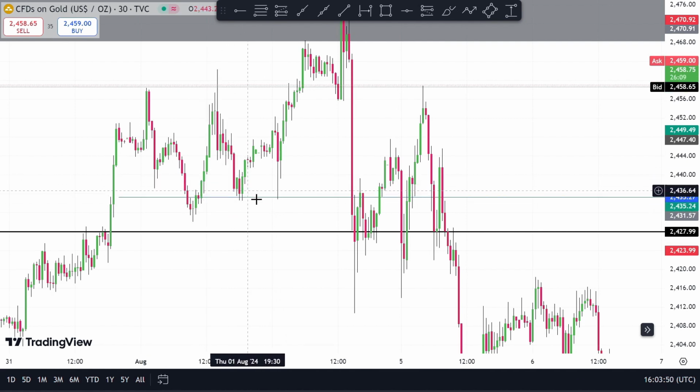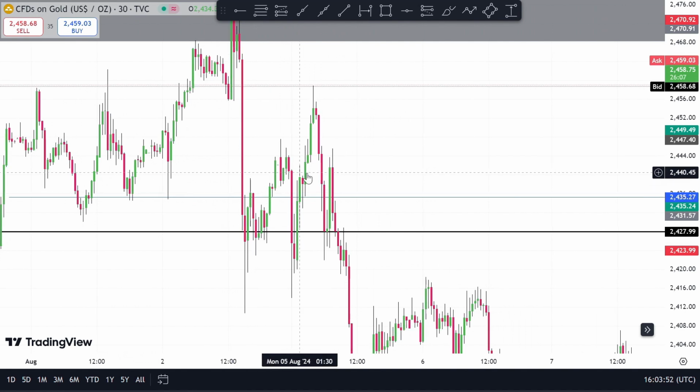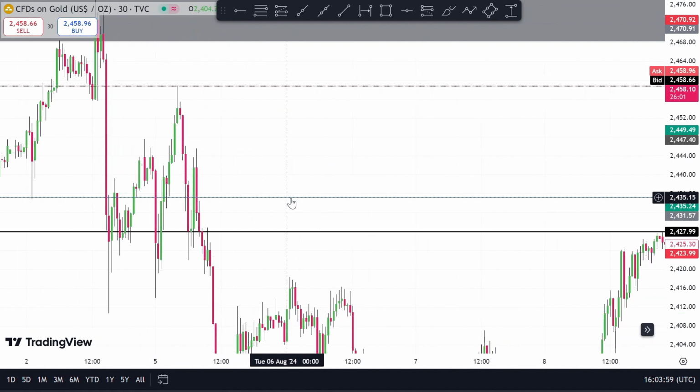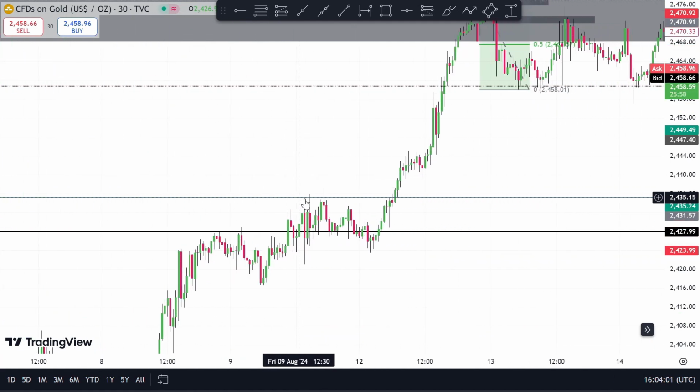And also here, price consolidated a little bit at this same zone. So I'm looking out for this zone. Here, price failed to break past it the first time before breaking past it. All right, so here at this point it was serving as a supply zone to us. So I'm looking out for this zone here.